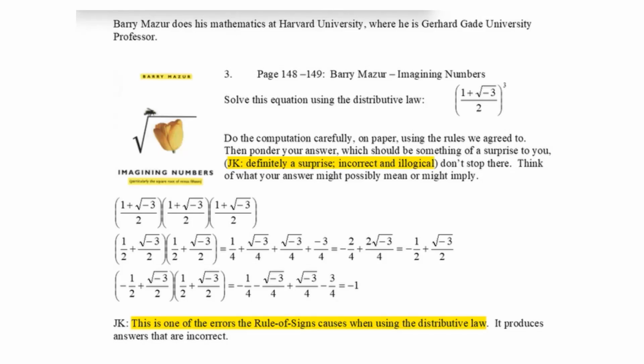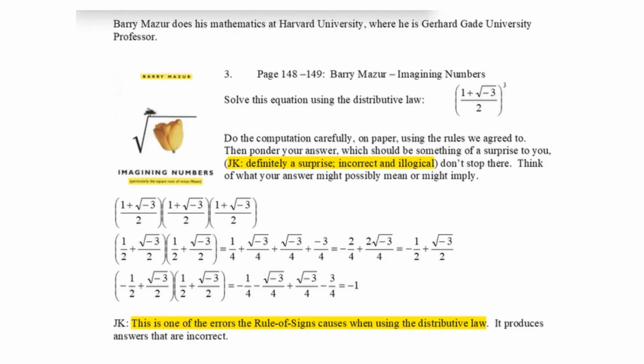He says, do the computations carefully on paper using the rules we agreed to, then ponder your answer, which should be something of a surprise to you. And my comment is, definitely a surprise, is incorrect and illogical. Don't stop there. Think of what your answer might possibly mean or might imply.